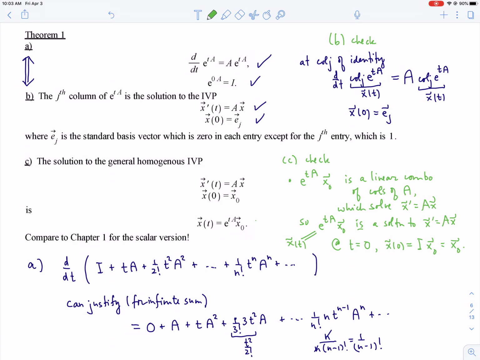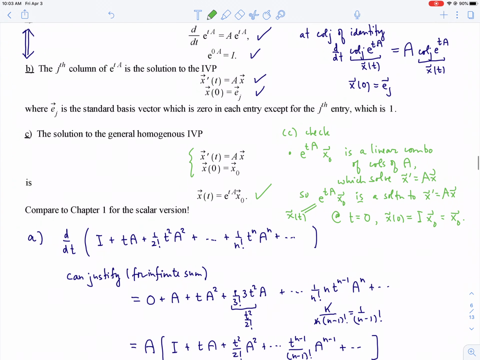So that's a nifty way, if you know the matrix exponential, to just write down the solution to the kind of initial value problem that we've been solving for several weeks now.